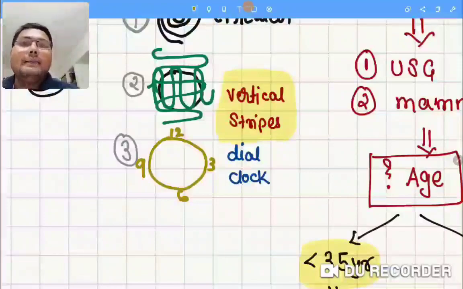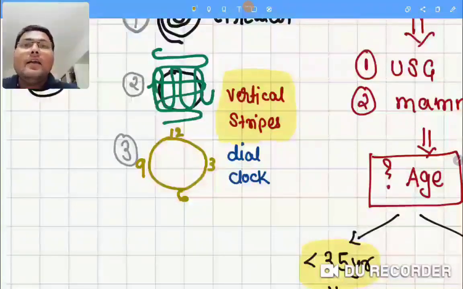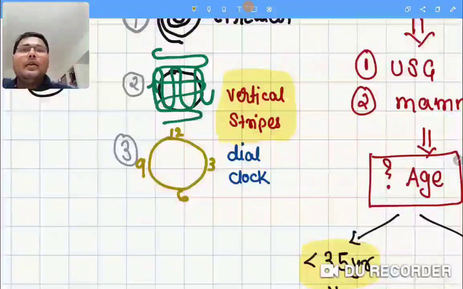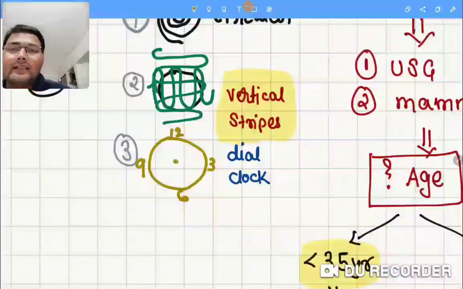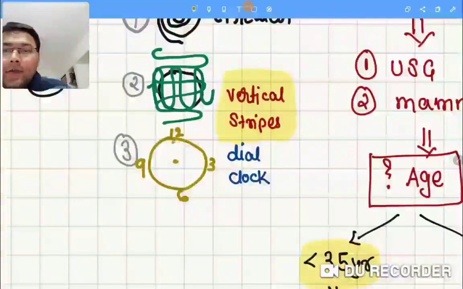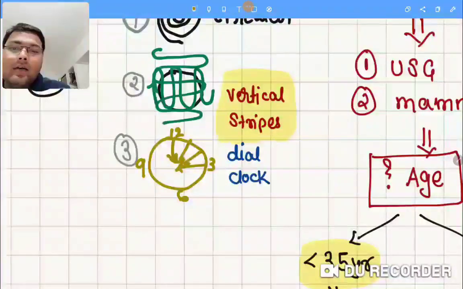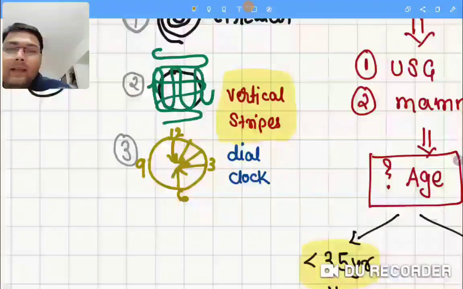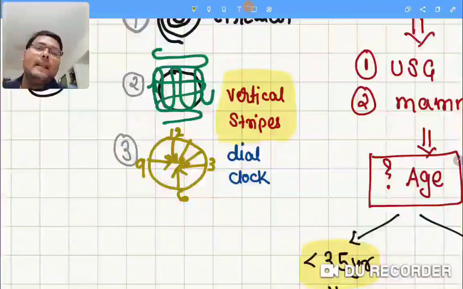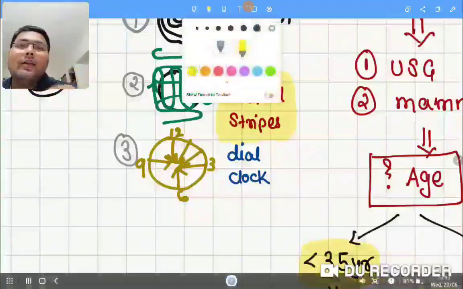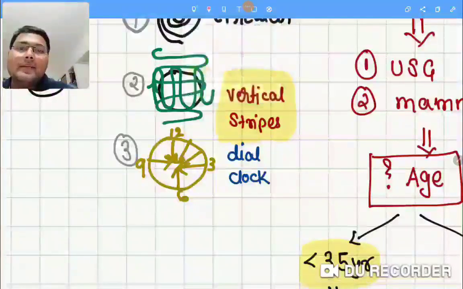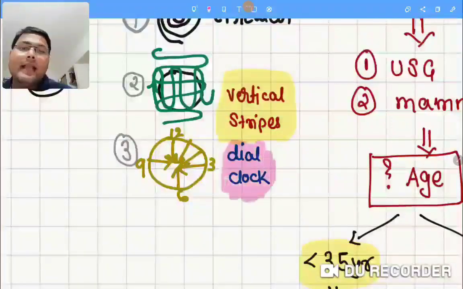Start from 12 o'clock and move towards the center, then 1 o'clock, 2 o'clock, 3 o'clock, 6 o'clock, and 9 o'clock. This method is called the dial clock method of breast examination.